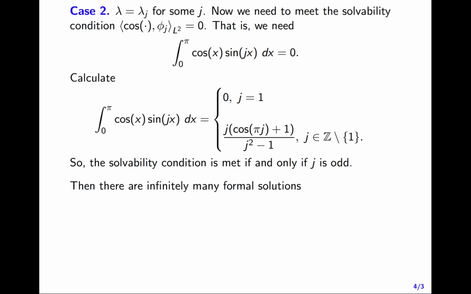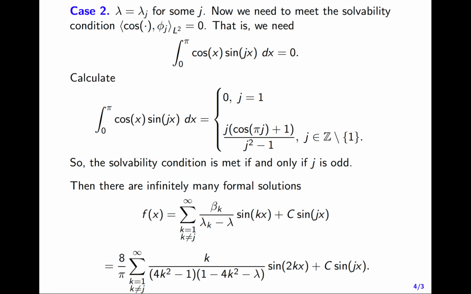In the case that j is odd, we have infinitely many formal solutions, and these are always of the form f(x) = the sum from k = 1 to infinity with k not equal to j of β_k/(λ_k - λ) times sin(kx) plus an arbitrary constant times sin(jx).